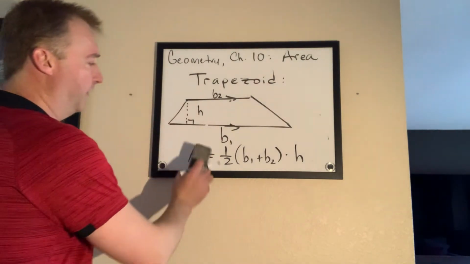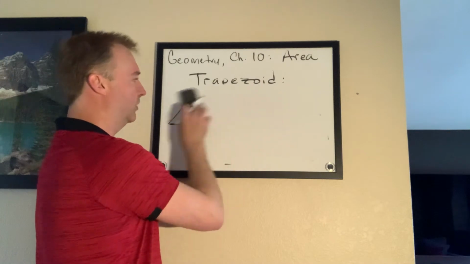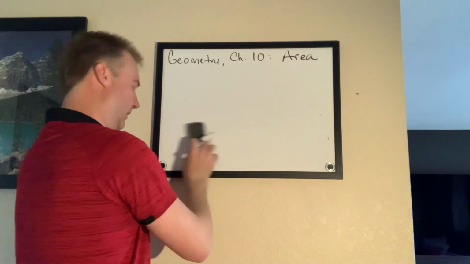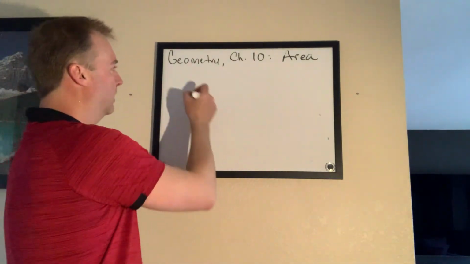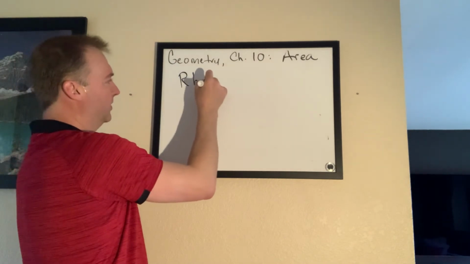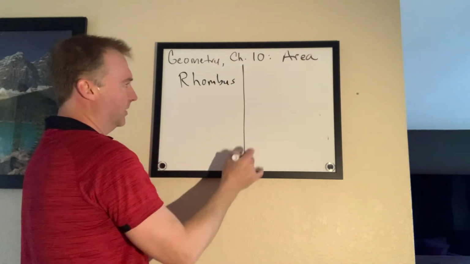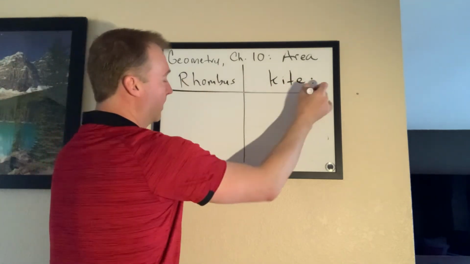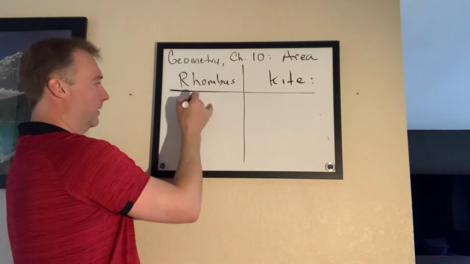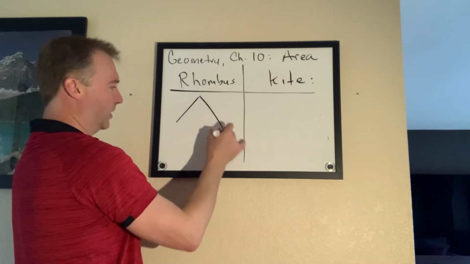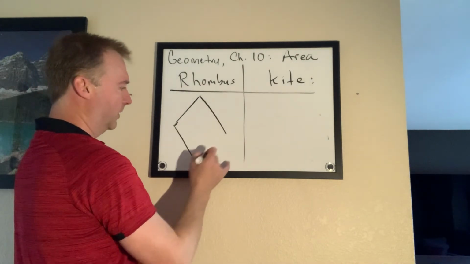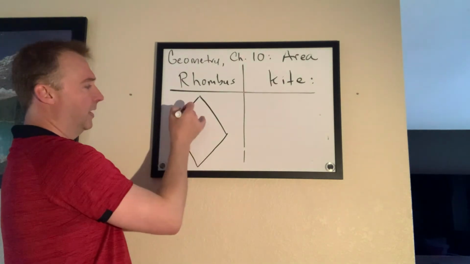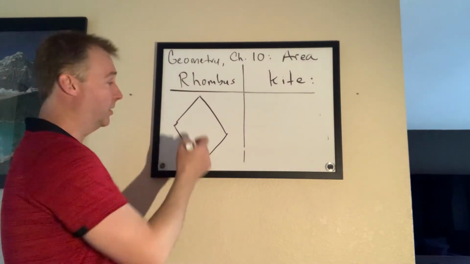And then finally, let's look at the formulas for a rhombus and a kite. We'll do a rhombus on this side and a kite on this side. They are the same formula, and let me try to draw a good rhombus here. Not bad. How do I ensure that that is a rhombus?